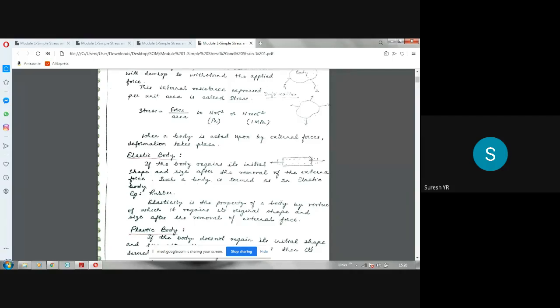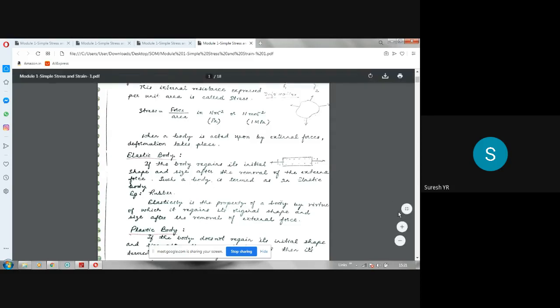Then, if it won't regain its initial shape and size, we say that the material has gone to plastic state. Plastic state means permanent deformation takes place within the body. Whereas elastic state means only temporary deformation, and if you remove the force, it will regain its initial shape and size. So that is the property of elasticity.